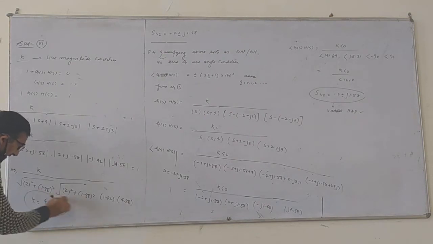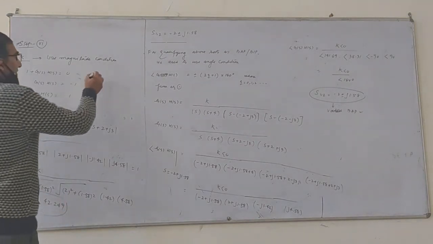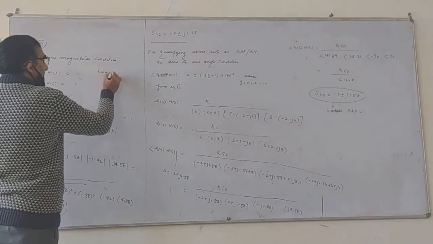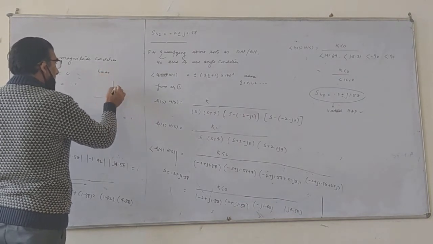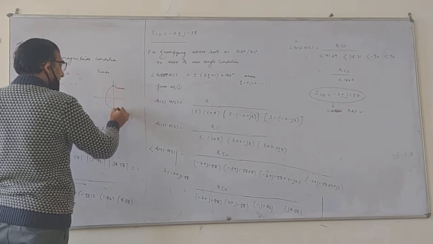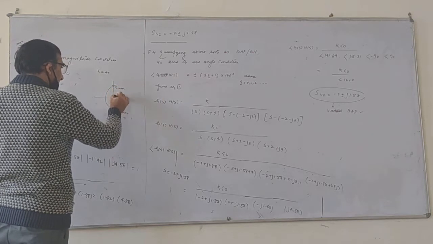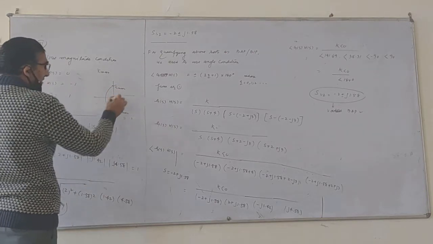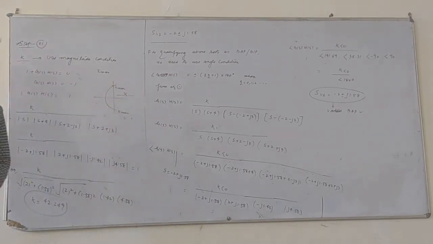So this is the k value and this is k marginal. When you are drawing the root locus, we'll see that this k marginal will be here. After that, if we increase the value more than this, the system will become unstable. That we'll discuss. So we have two conditions. If you have to find the magnitude of k, this is the procedure.